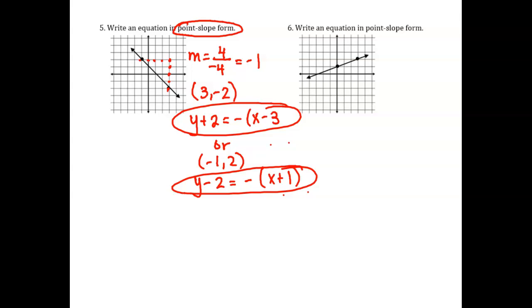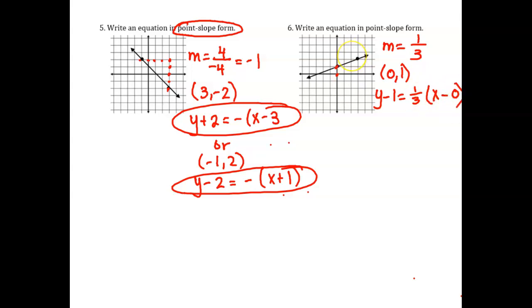All right, why don't you guys try number 6? You can pause the video and try it, and then continue. Your slope is going to be rise 1, 1, 2, 3, run 3. So your slope is 1/3. Your 2 points, the first one let's look at is right here. So we've got 0, 1. So point-slope form would be y minus 1 is equal to 1/3 times x minus 0.